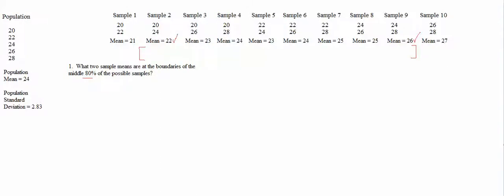The boundaries would be at these 2 points if I asked you for the middle 60%, because 1, 2, 3, 4, 5, 6 samples are in there. But I asked you for the middle 80%, which meant 8 out of 10. So the two answers are just 22 and 26.